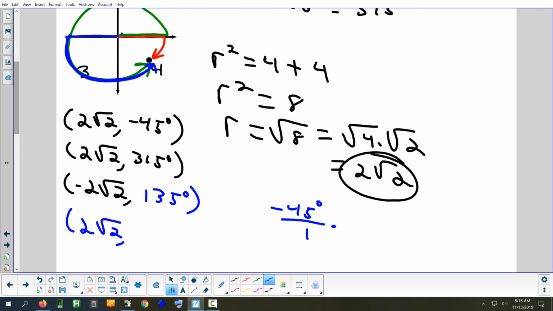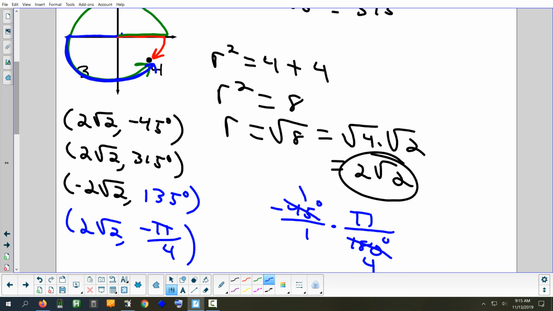It's pi over 180. Degrees is in the top. If you're trying to cancel it out, you want degrees in the bottom. 180 always goes with degrees. Pi goes with radians. Now, watch what happens. 45 goes into itself once. Goes into 180 4 times. You're left with negative pi divided by 4. And that's how you'd write that first answer as a radian.